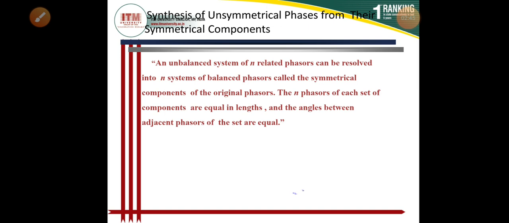The n phasors of each set of components are equal in length, and the angles between adjacent phasors of the set are equal. The method is applicable to any unbalanced polyphase system.